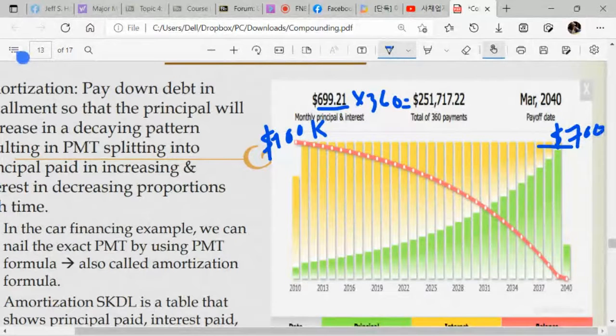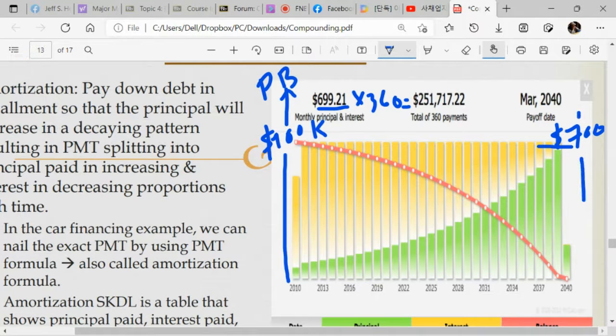Well, you have to understand that they are using two vertical axes here. The vertical axis on the left-hand side represents the principal balance. And the right vertical axis represents the payment. They don't go by the same scale, right? You understand? In the right vertical axis, each increment is $100: 100, 200, 300, 400, 500, 600, and 700.